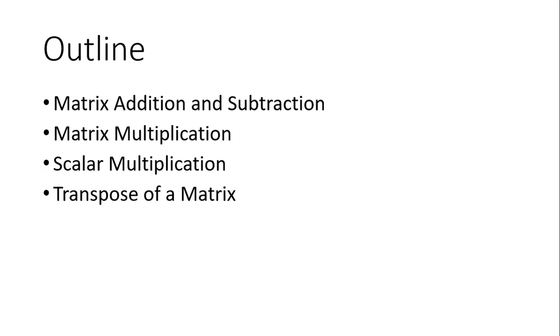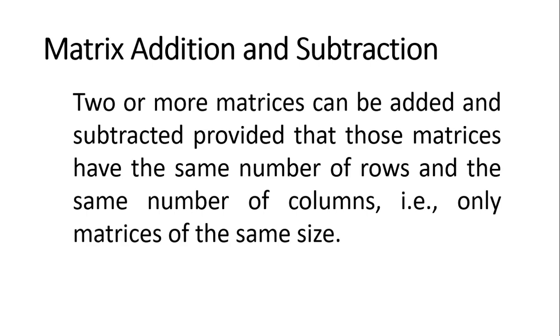First we have matrix addition and subtraction. Two or more matrices can be added and subtracted provided that those matrices have the same number of rows and the same number of columns, that is, only matrices of the same size.